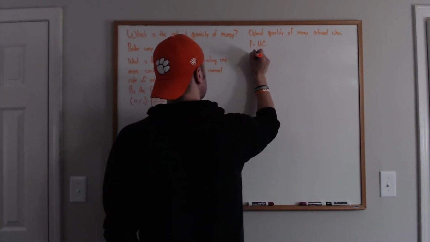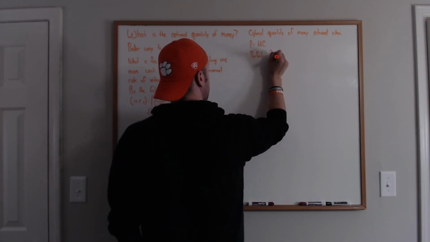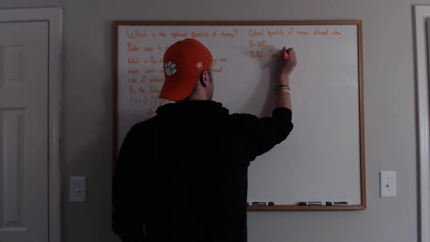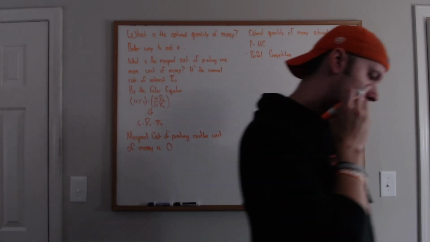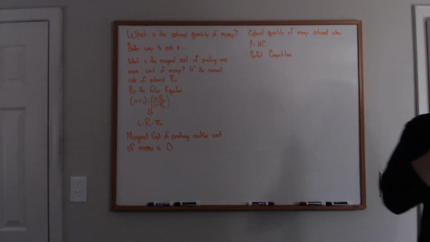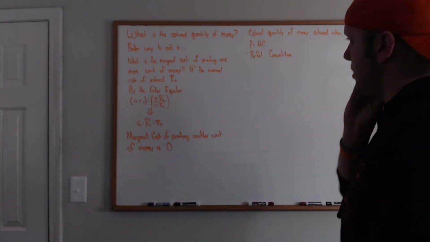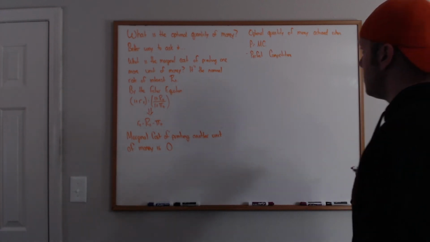Well, you have perfect competition. No firm has any market power over any other firm, right? Price is simply equal to the marginal cost of producing one unit of whatever good that is.